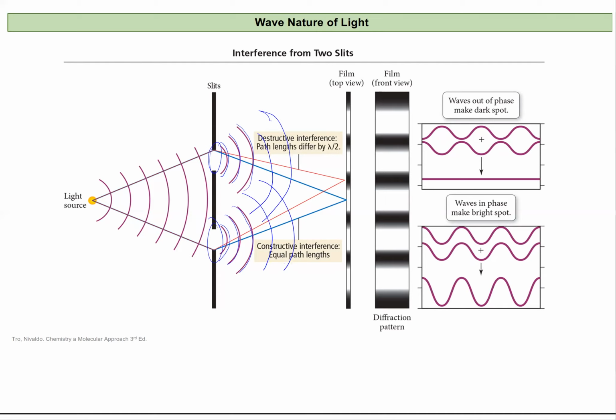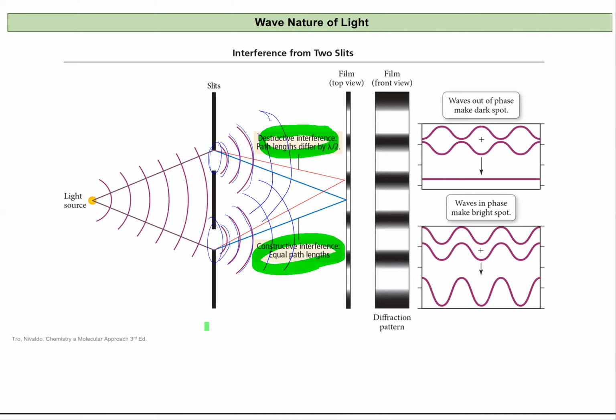And those points of overlapping will have both constructive interference, where they overlap in the same phase and they get brighter, or it will destructively interfere, and there'll be places where the waves overlap out of phase and they'll become dimmer or completely gone. It'll disappear. There won't be a wavelength anymore.